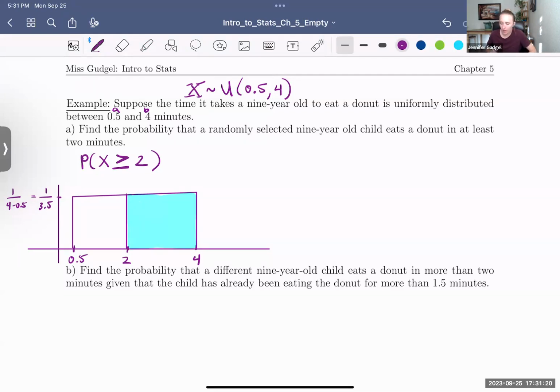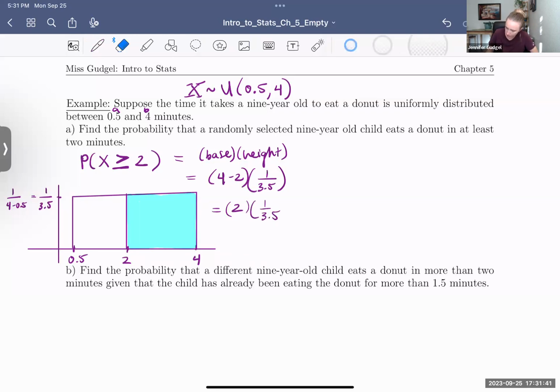Now I go and find the area of this shaded region, base times height. That's 4 minus 2 times 1 over 3.5, or 2 times 1 over 3.5, or 2 over 3.5.